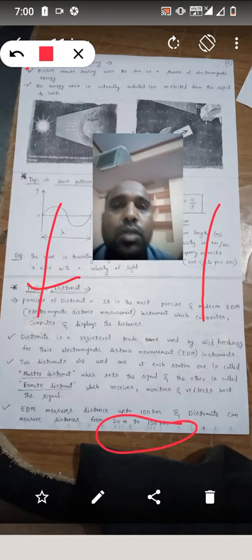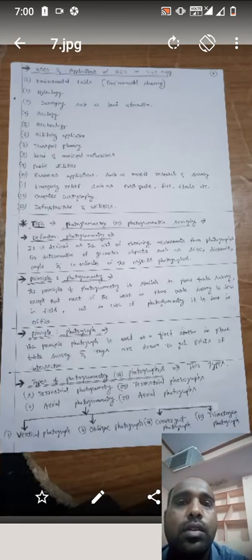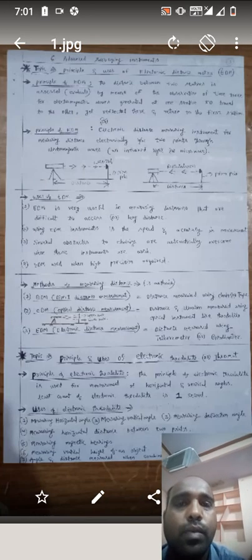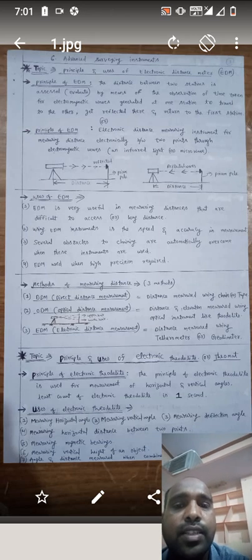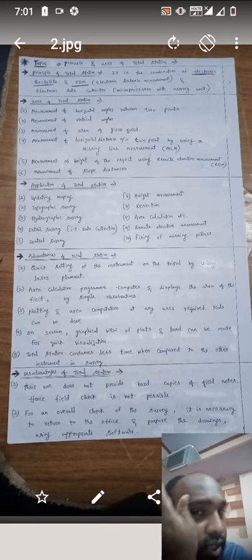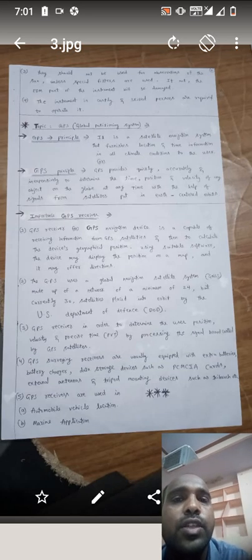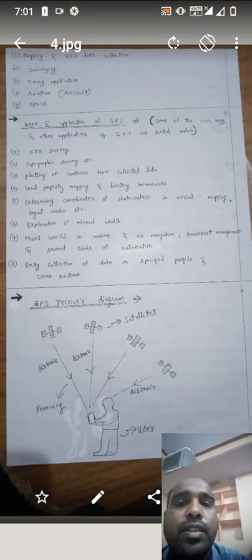Up to now we have learned the principle of EDM, use of EDM, methods of measuring distance, and the principle and use of electronic theodolite. Next, total station: use, application, advantages and disadvantages. Next, GPS principle, importance of receivers, use and application of GPS, and the GPS receiver diagram.